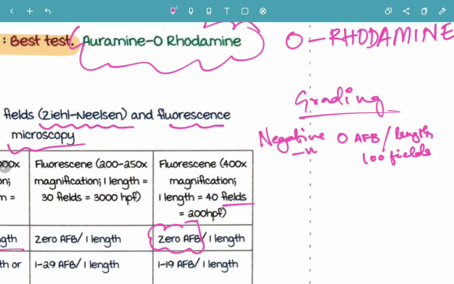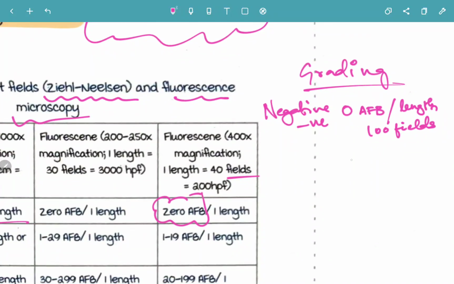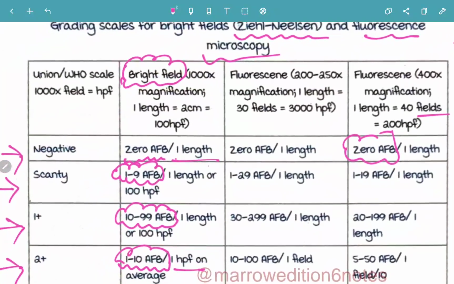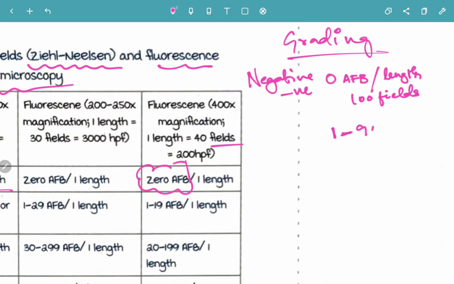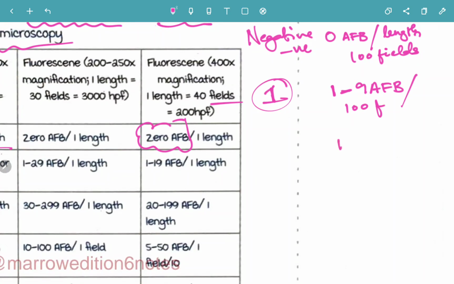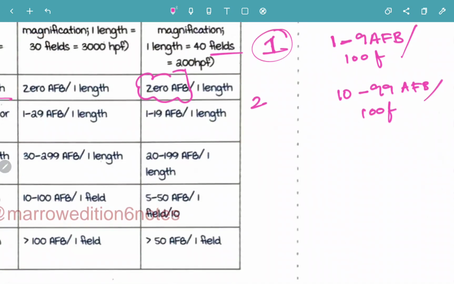And if it is around 1 to 9 acid fast bacilli per 100 fields, then it is scanty.